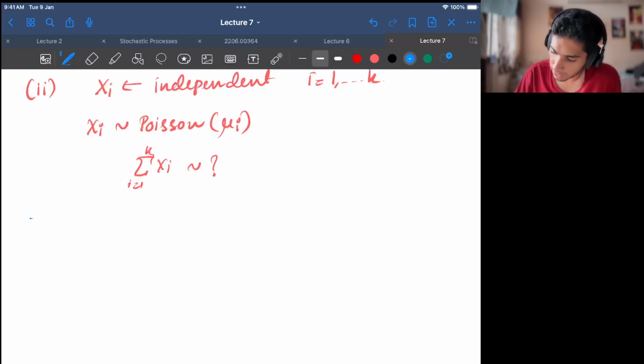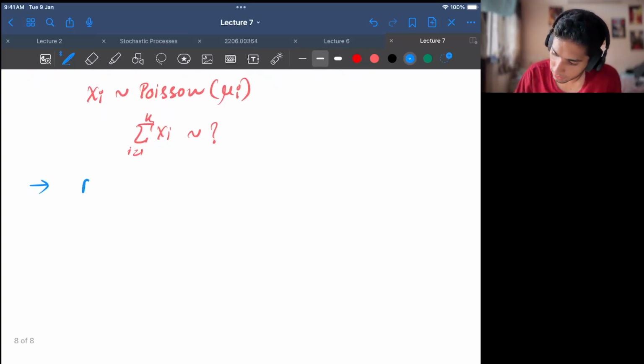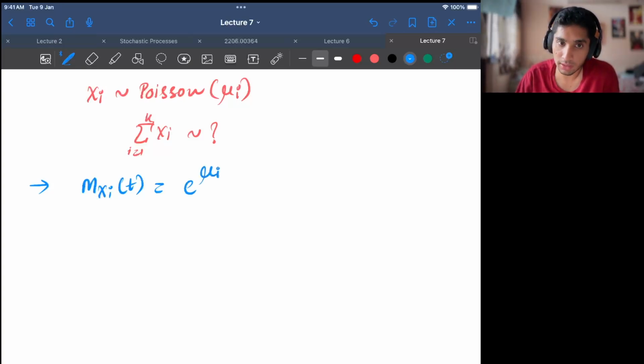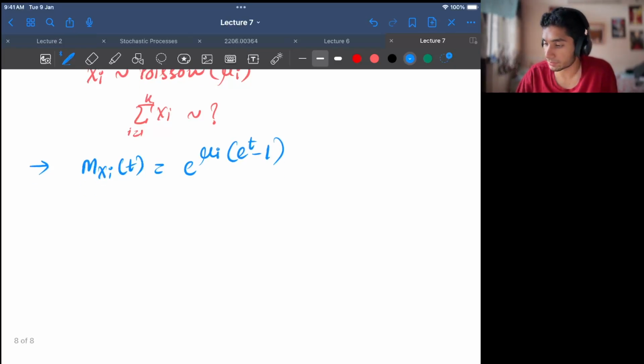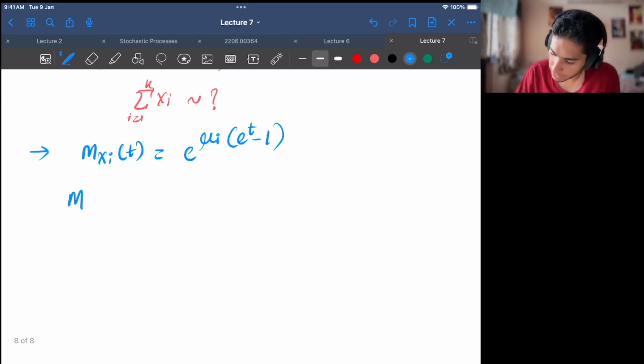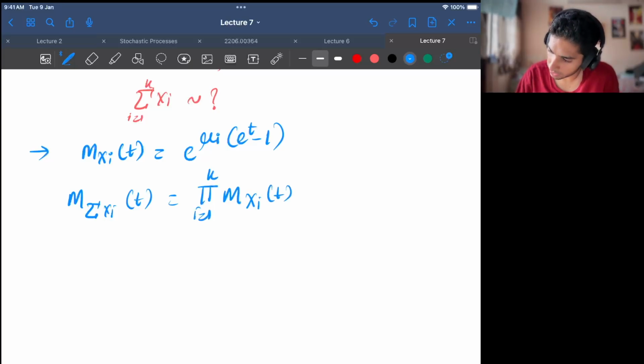So again, whenever you have to deal with the summation of random variables, look at the MGF. The moment generating function of xi at a particular point t, we know that for a Poisson distribution is equal to e raised to mu i times (e raised to t minus 1). So what will be the MGF of summation xi at a value t? That will be equal to the product of M of xi of t, i going from 1 to k.